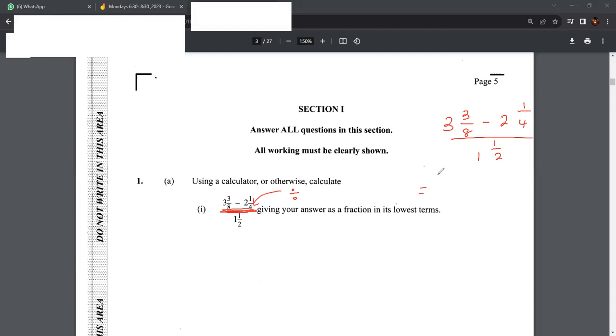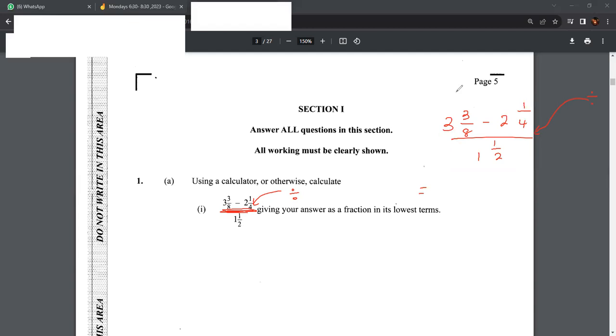Then my next step is I want to rewrite this in a linear form, like in a straight line, where I show that I understand that this means to divide. So what this is telling me is that I need to divide whatever is up here by whatever is down here.